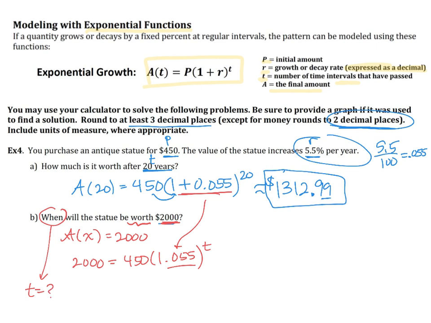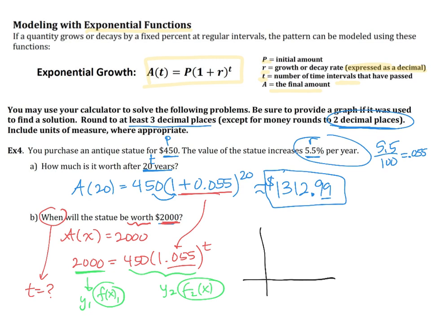So usually we use our calculator to figure this out. So what are we going to do? Well, this is when we would say, okay, this right here I'm going to put in as y sub 1. This right here I'm going to put in y sub 2, or maybe it's f1(x) or f2(x) or something in your calculator, I don't know what it is. But you put this in one part of your graph, and this is the second part of the graph, and you're finding where it intersects.